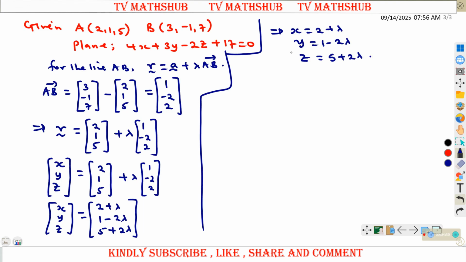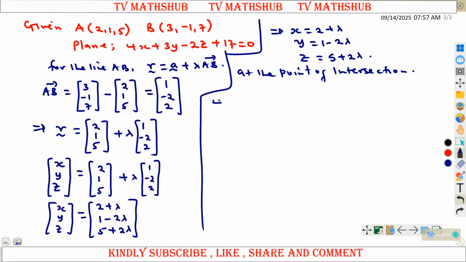So these components x, y, and z must be satisfying the equation of the plane since they are intersecting at the same point. So at the point of intersection, we shall have these components satisfying the x, y, and z components in the plane.